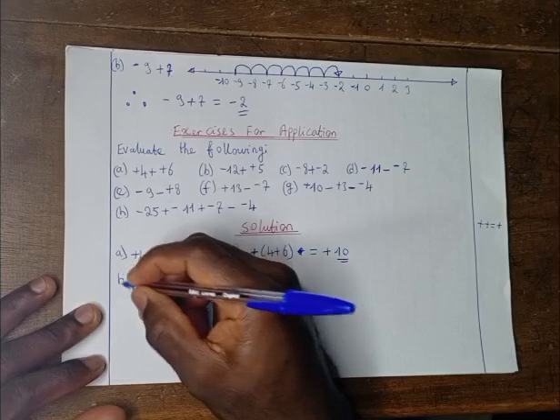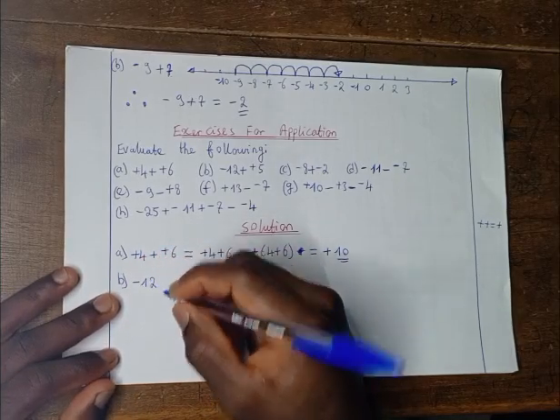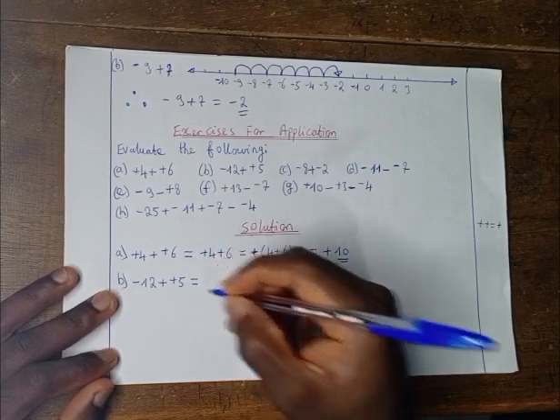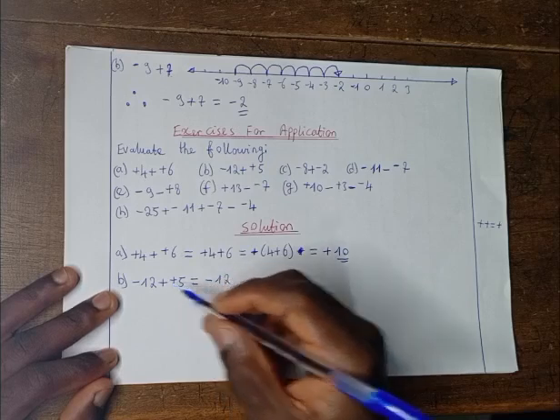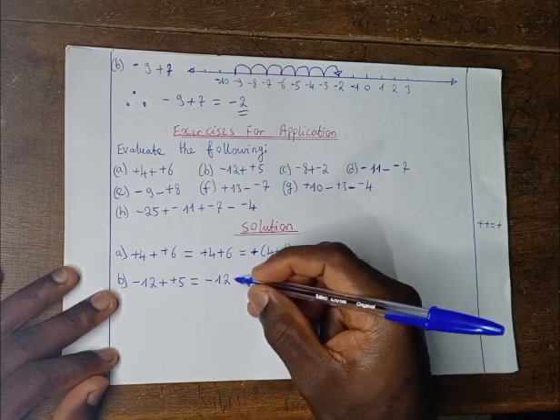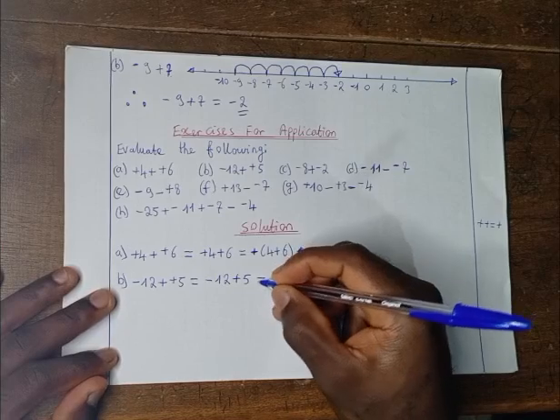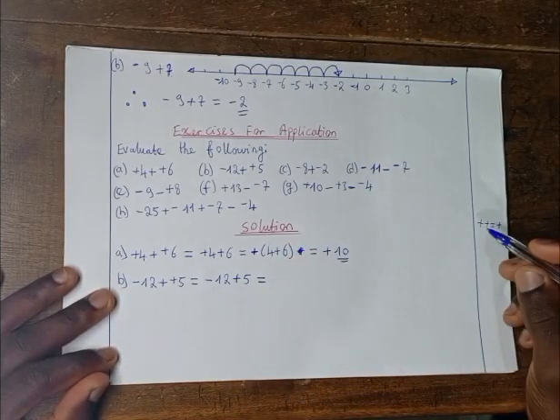For question B, we have negative 12 plus positive 5. This will simply be equal to negative 12. We have two positive signs here, so the resulting sign will be positive, plus 5. The two numbers have different signs.